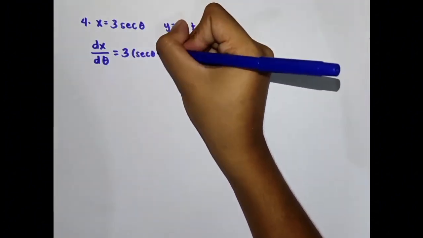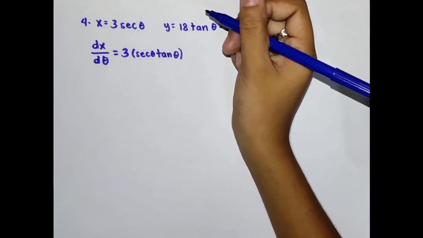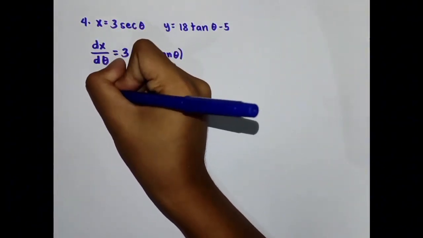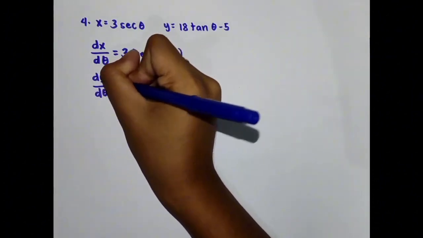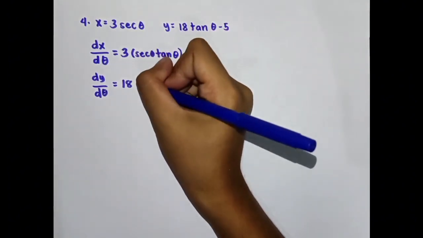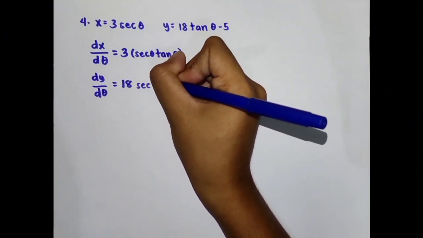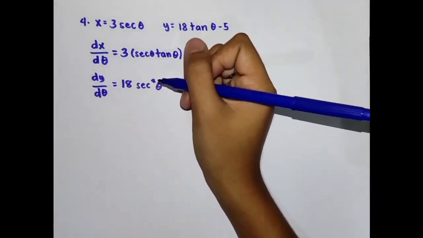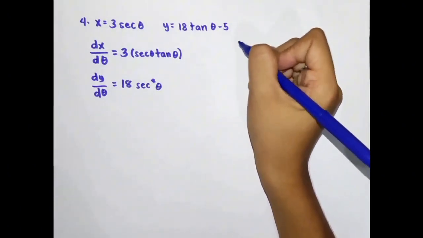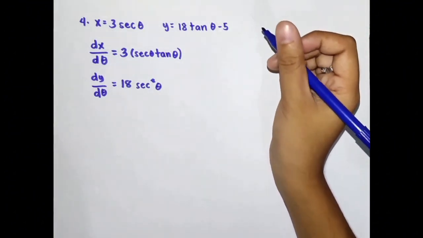The derivative of secant is sec u tan u, so sec theta and tan theta. Copy 18. Then the derivative of tan is secant squared u or secant squared theta minus 5, since 5 is constant, so 0, and the derivative of y is 18 secant squared theta.